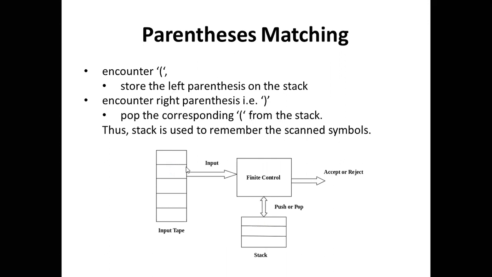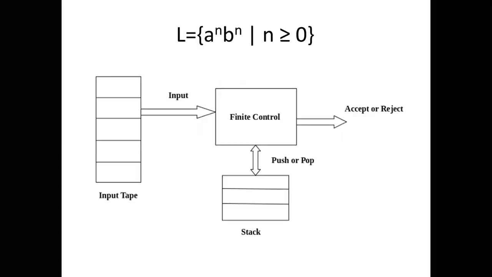Now I will discuss another example, that is a to the power n, b to the power n, such that n is greater than or equal to 0. Likewise, when the n value is 2, the string is AABB.